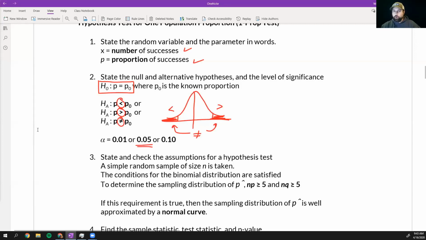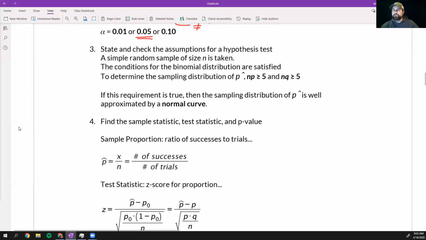Okay, in order to proceed on this, there's a couple stipulations that we have to make, because a lot of times proportions are binomial distributions, either yes or no. Either you met the condition or you didn't meet the condition. That's what proportions usually are.